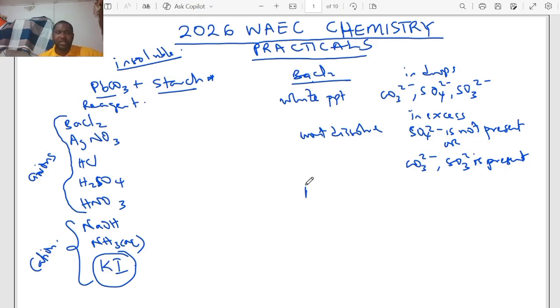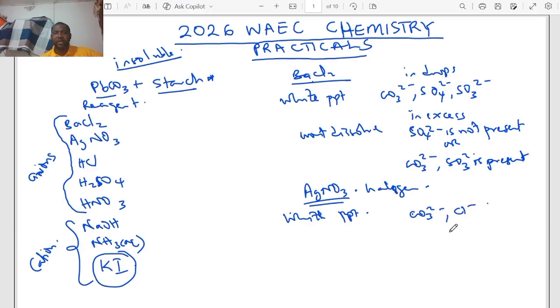The same thing with AgNO3. AgNO3 is majorly used to test for halogens. But if you add AgNO3 and you get a white precipitate, that white precipitate indicates the presence of carbonate and also of chloride, because chloride ion will give a white precipitate and carbonate will give a white precipitate.